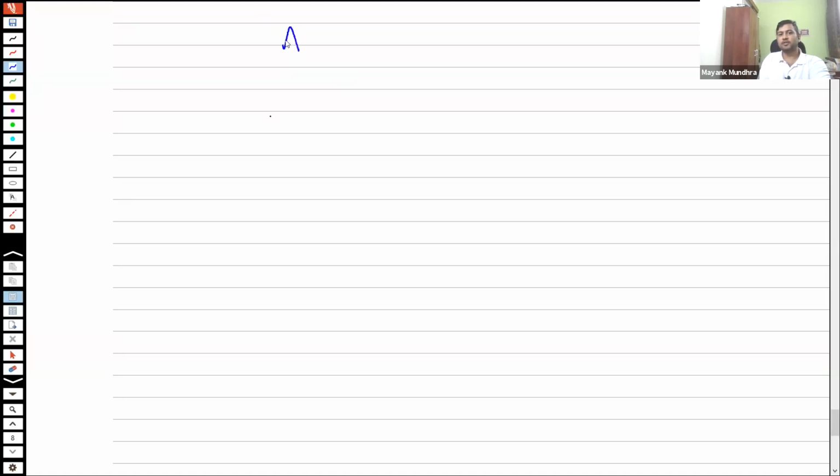I'll just say that for any matrix A, I want to solve Ax equals 0. Remember, again, vectors: 0 means the 0 vector. If A is M cross N, x has to be N cross 1 for the multiplication to make sense, and the result has to be M cross 1.